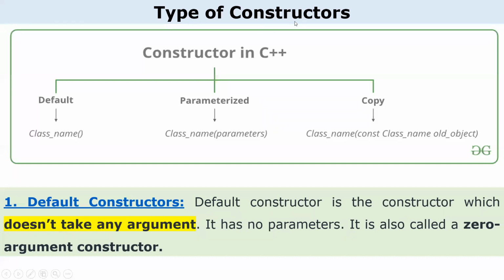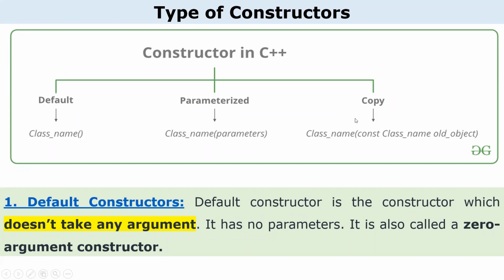Then the types of constructors. There are three types that we already learned: default, parameterized and copy constructors. The default one has no parameters, only empty brackets after the class name, while the parameterized one has some parameters within the brackets after the class name.